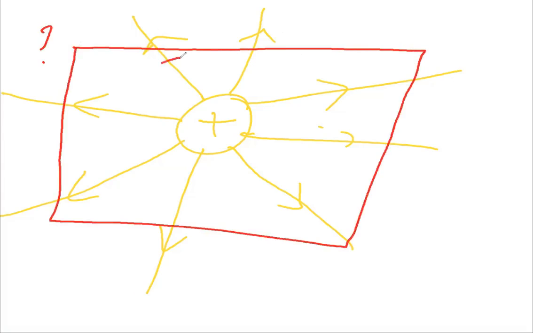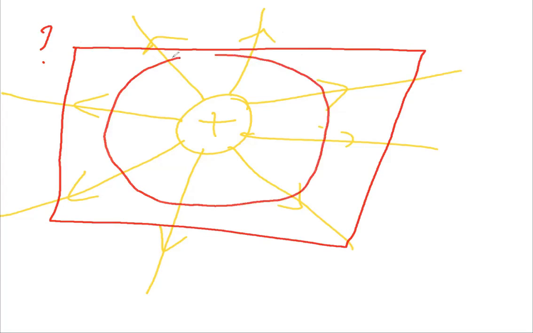Or this will be the equipotential line. Sir, I think the circle one. Yeah, the circle one will be your equipotential circle. Yeah, you can say equipotential circle. Okay.